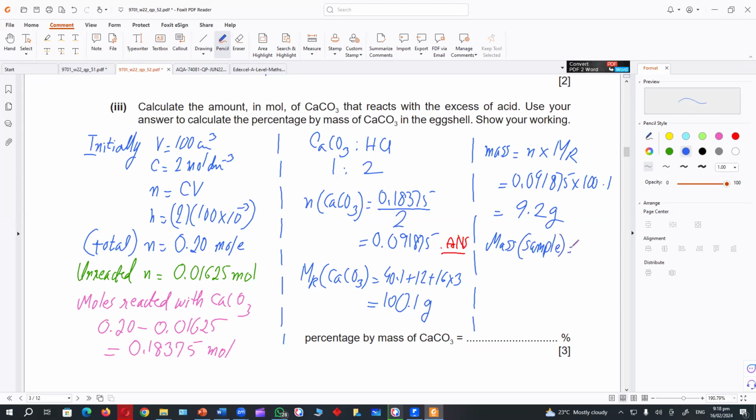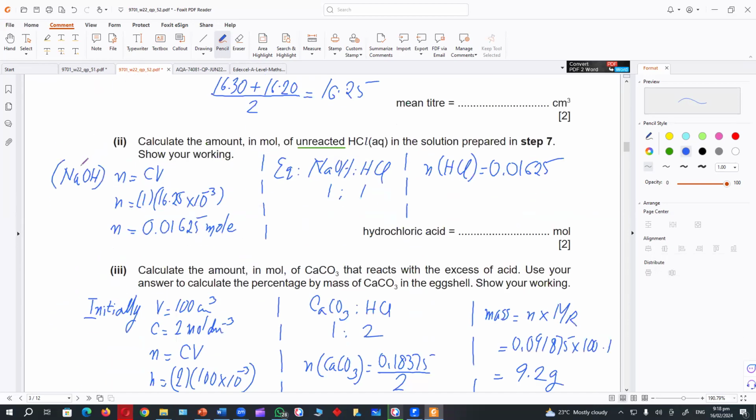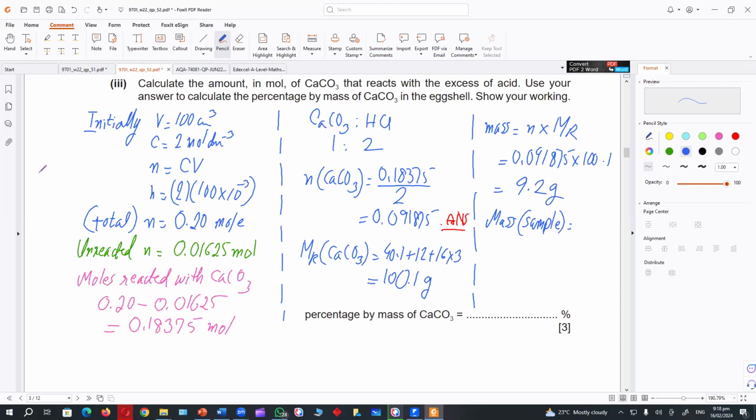What is the mass of the sample? It was 2 gram. 2 gram? Then how did we get 9.2? Something is wrong. In a sample of 2 gram, how did we get this?